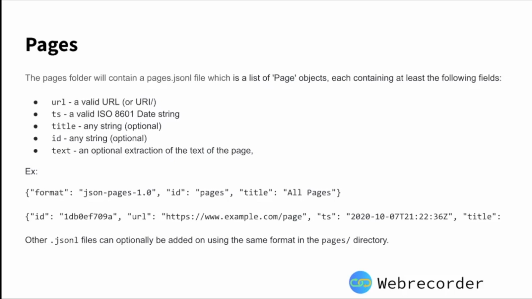So if you enable the optional full text extraction of the page, you're going to end up with a pages.jsonl file that is basically the entire searchable text content of your WARC, which is super useful. If you've ever tried to set up search on a web archive that you're hosting, you know how difficult that can be. So this is a really convenient file for that purpose, because it basically just contains all of the text along with the index.